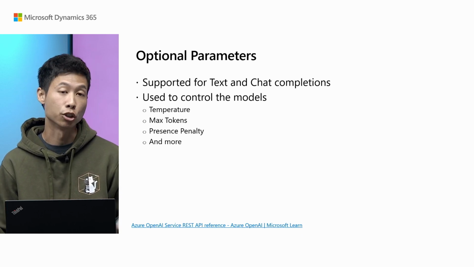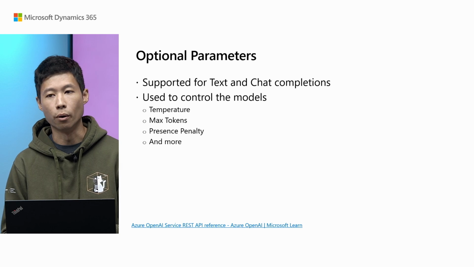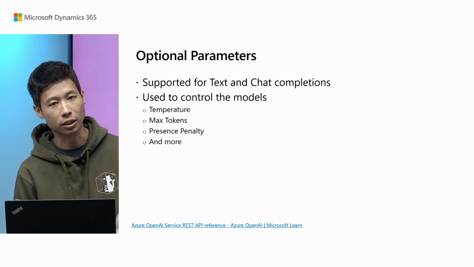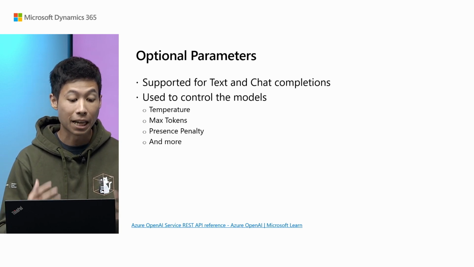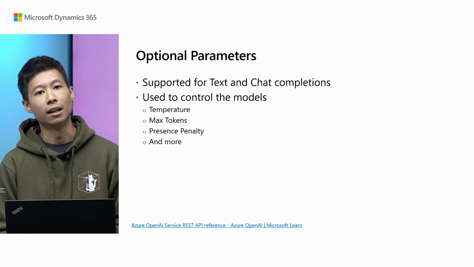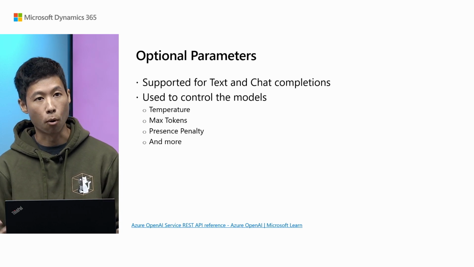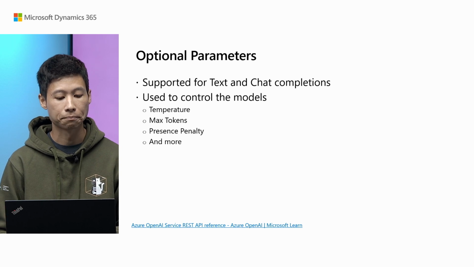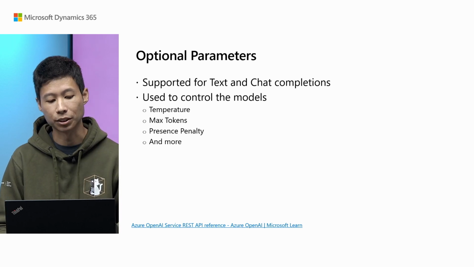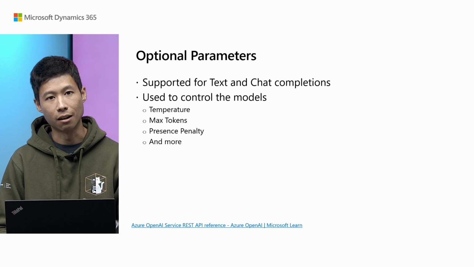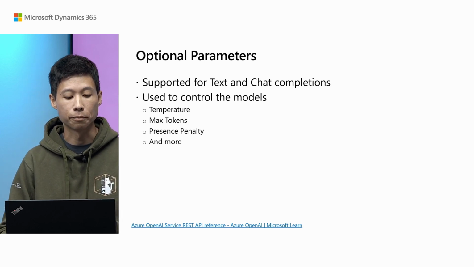I can also set the number of tokens I want to use. If I know I want something short, I should set my max tokens to be short, such that the model doesn't end up generating more than it should. Then there's presence penalty and many more that you can look at in the documentation.